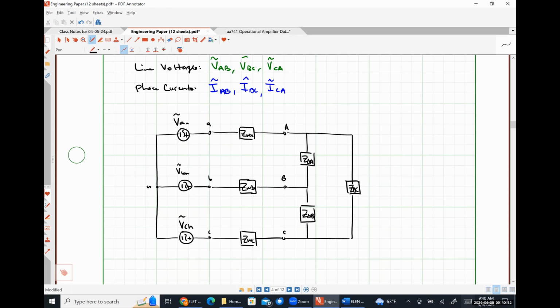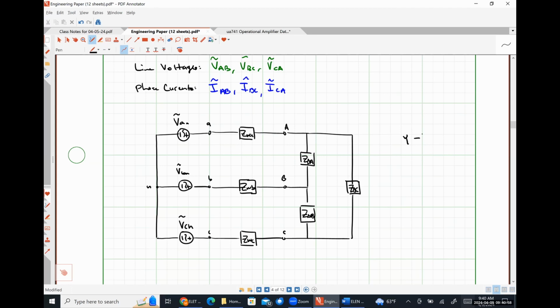All right, so the first thing that I want you guys to tell me is what type of source we have here. Is this a Y-connected source or a delta-connected source? It is a Y-connected source, okay? So we're gonna call this a Y something system. Is the load a delta-connected system or a Y-connected system?